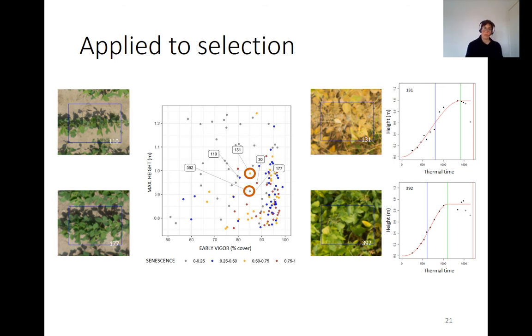The one on the top turns the leaves yellow way faster and loses them. So we can really have an overview of every genotype from the beginning to the end to compare them and apply to selection. So it's a really robust tool for breeders to use for their selection.